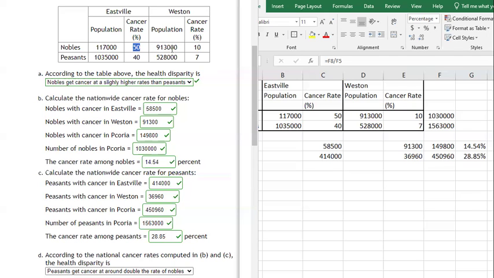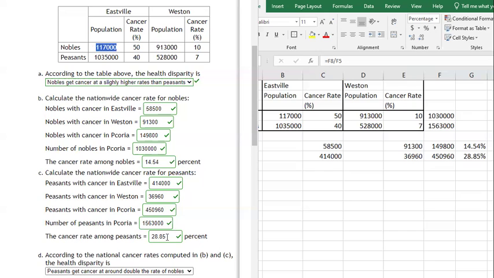Now, which gets more weight, Weston or Eastville? For the nobles, Weston gets more weight because there's 913,000 nobles in Weston and only 117,000 nobles in Eastville. So this 14.54 is closer to the 10 because this number is so much larger than that number, right?